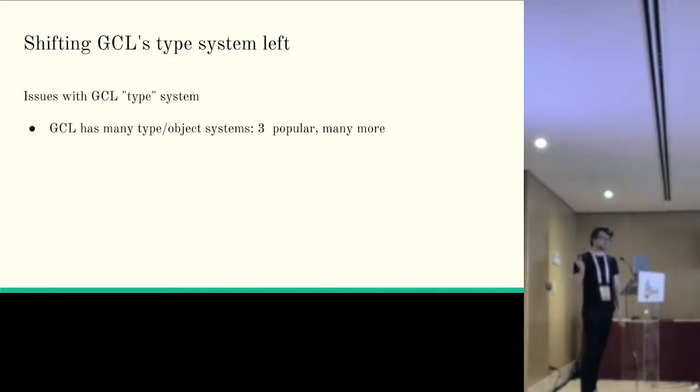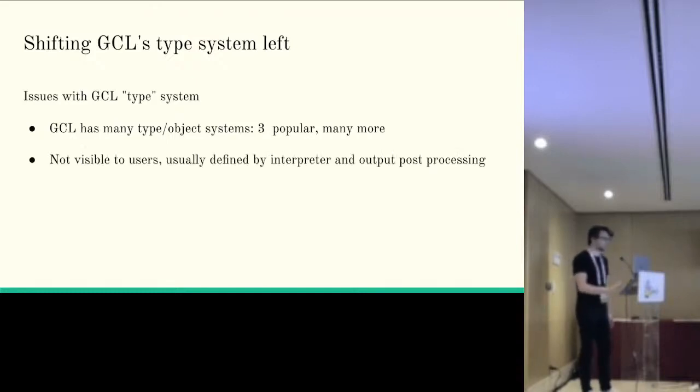As a user editing a GCL file, if you're writing in one dialect, you might not know that two different dialects are both GCL, because they're evaluated differently a lot of the time, as the type systems for those dialects are very different. The type system is not visible to the user. The user will not see types.